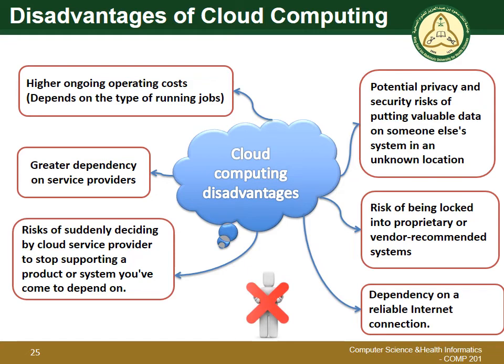Risk of suddenly deciding by the cloud services provider to stop supporting a product or a system you have come to depend on. Sometimes these third-party or cloud providers might stop supporting any services that you depend on.